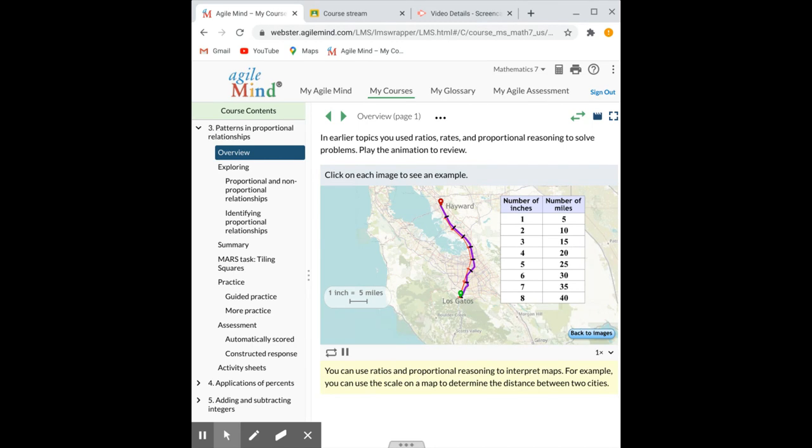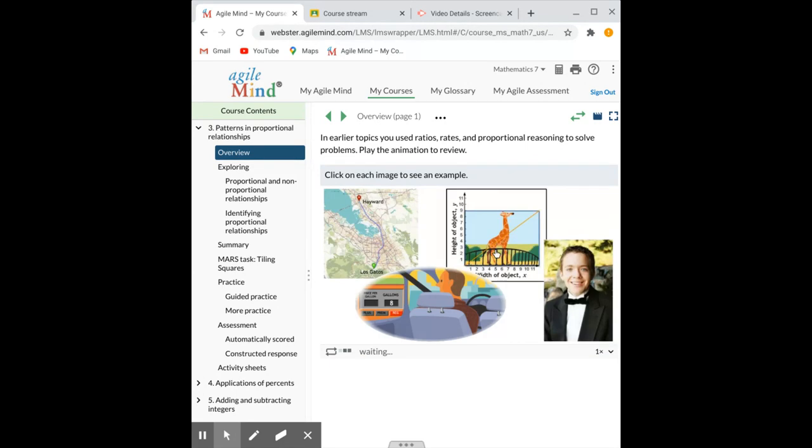You can use ratios and proportional reasoning to interpret maps. For example, you can use the scale on a map to determine the distance between two cities. All right. Great job. Let's go back and look at our next one.